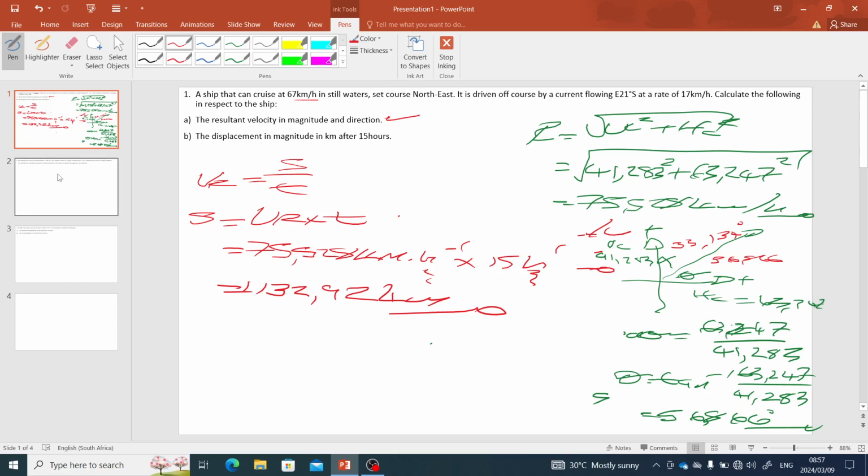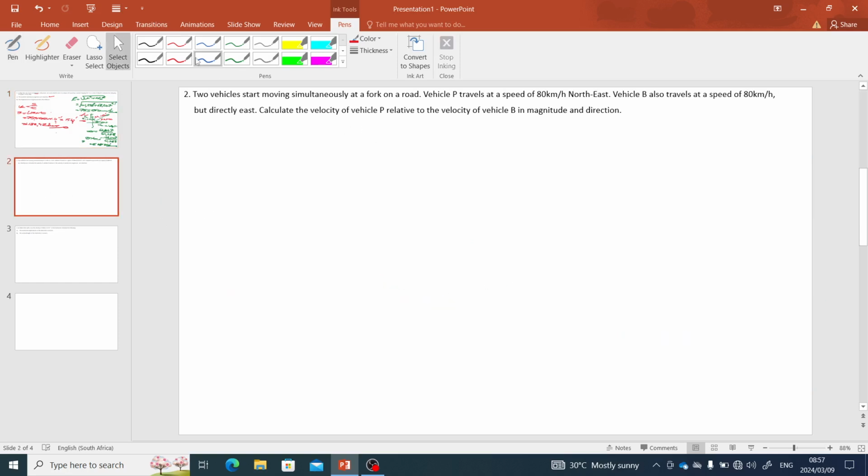Okay, let's go to the second one. On the second question, two vehicles, this is a relative motion. Two vehicles start moving simultaneously at the fork. Now we'll be applying the same method, the vector method. We'll solve this by using one method, the vector method.